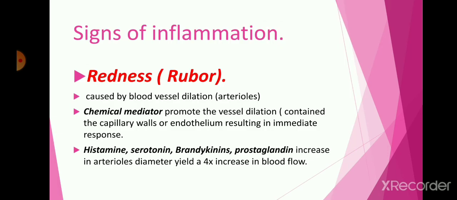The first sign of inflammation is redness, which is caused by blood vessel dilation. During inflammation, due to the presence of the injury agent, vascular changes start in the blood vessels. The first and most important change is dilation of the blood vessels, so more blood flows through the inflammatory zone.